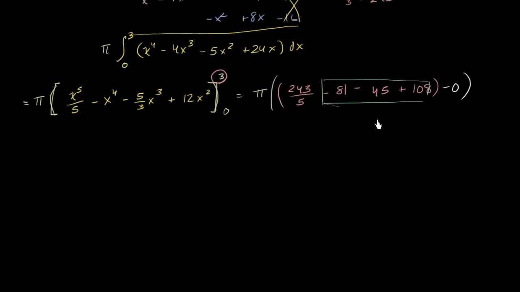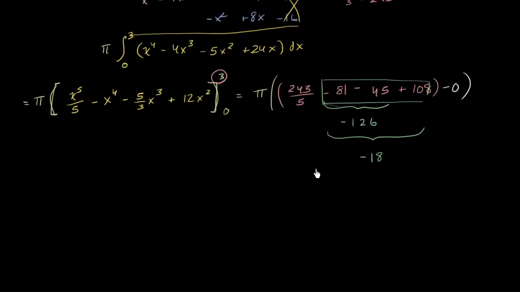So let's see what we have. We have negative 81 minus 45. So these two right over here become negative 126. And then negative 126 plus 108, well, that's just going to be the same thing as negative 26 plus 8, which is going to be negative 18. So this whole thing simplifies to negative 18.